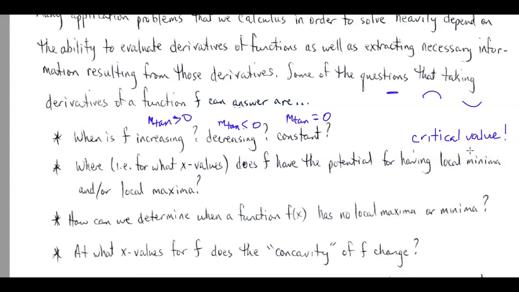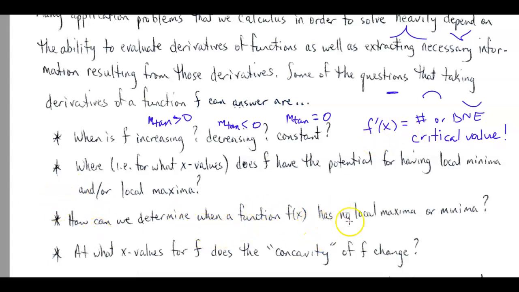And remember how we said that the derivative of a function would either have to exist, so we get some real number, or it would not exist. That would be situations where we either have a corner or a cusp, which would let us know we either have a local max or local min there.